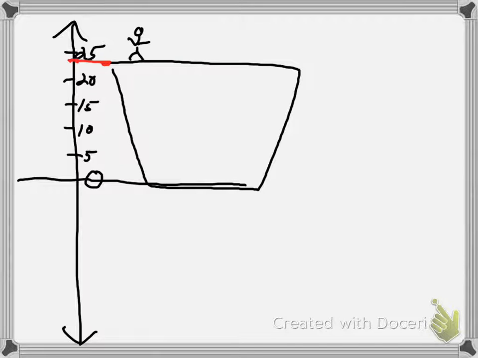Okay, now that rope is going underwater, so it's going down, down, down. And we're going to a depth of 38 feet below sea level. So I need to now go down 38 feet below sea level. So again, 5, 10, 15, 20, 25, 30, 35, 40.